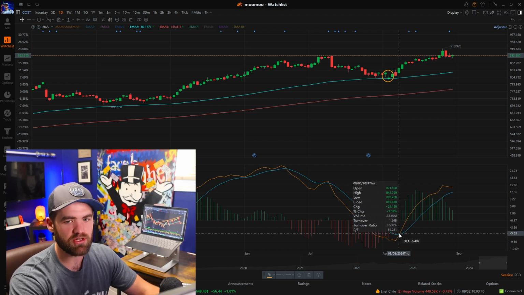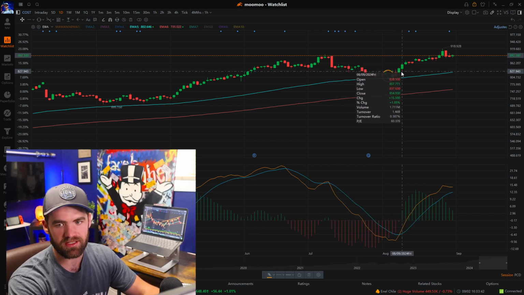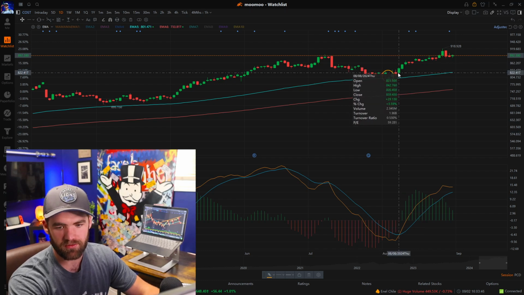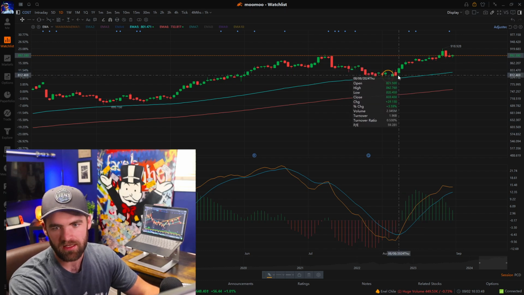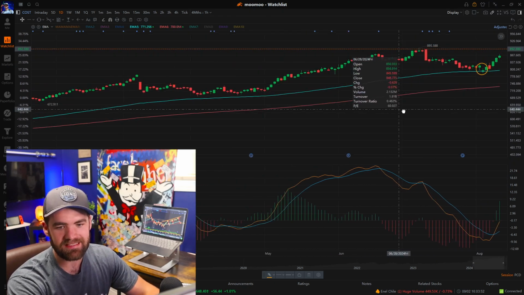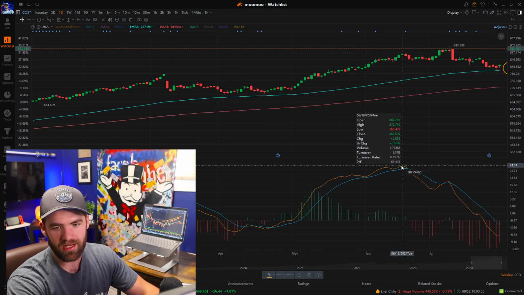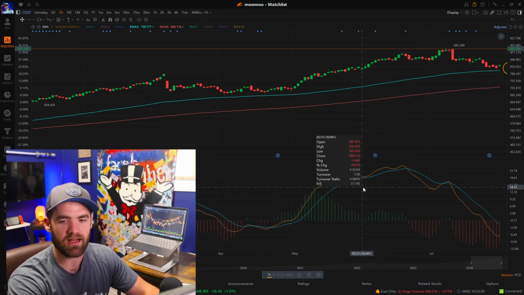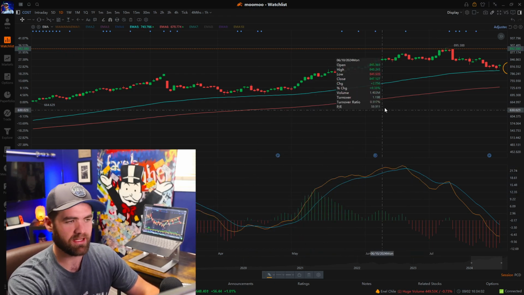That represents a good entry point, and you could see that would be an entry near and around the 820 area, about 820, 813, right in that range. And on the flip side, where you want to sell it is when the orange line breaks down through the blue line. So entry is breaking up, exit is breaking down.